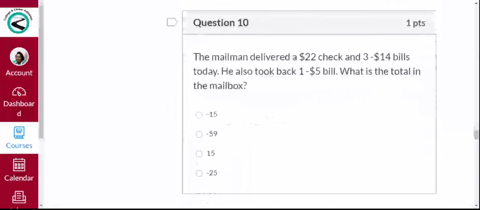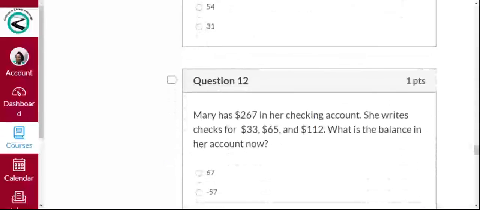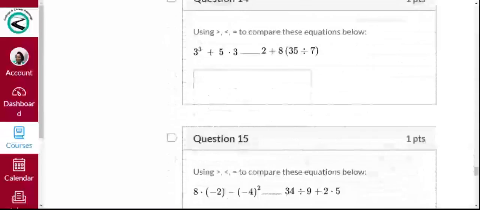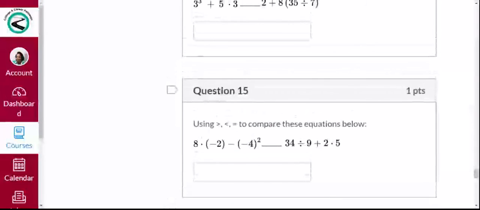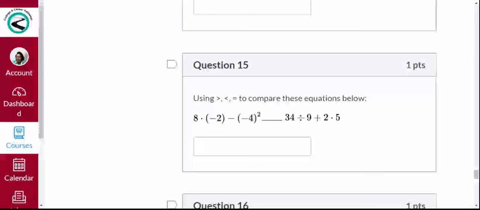And I'm hoping that that'll be enough. There's a couple of questions where, like on number 15, you have to evaluate one side of the equation and compare it to the other side of the equation. So let's just do this very last one. My question number 15 says 8 times a negative 2 minus negative 4 squared.